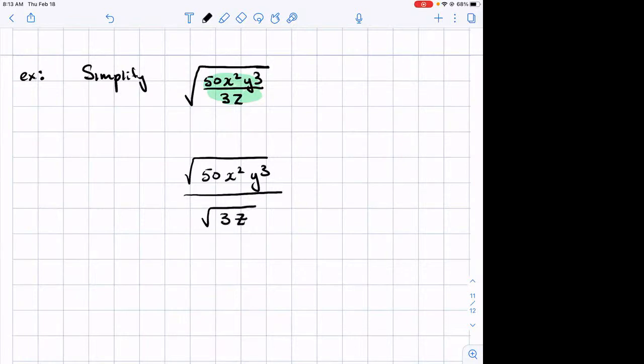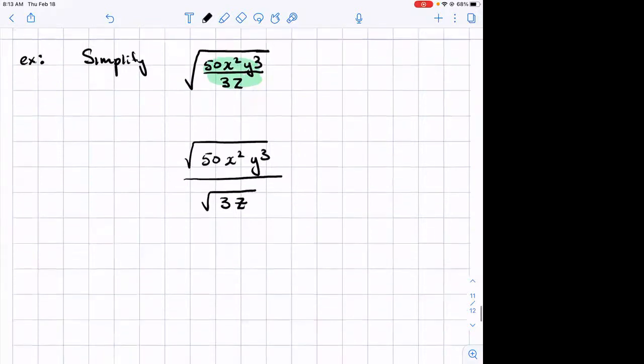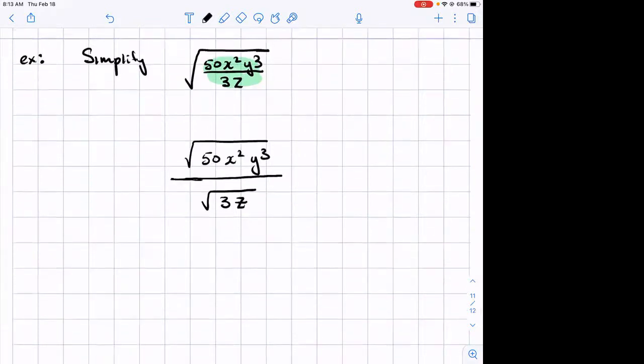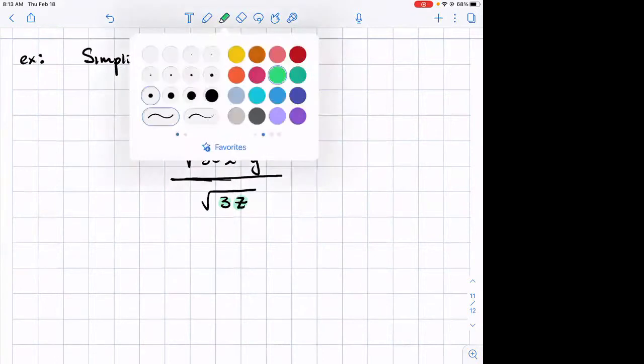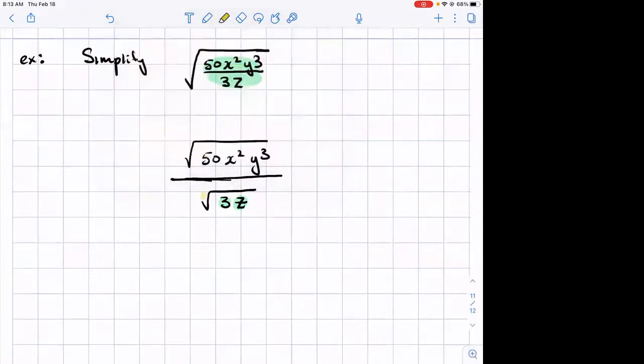Now, the square root of 3z in the denominator, right? We don't know the square root of 3. We don't know the square root of z, nor can it be simplified because the power is a 1. And you notice that the index here is a 2. So that denominator cannot be simplified at all. Okay.